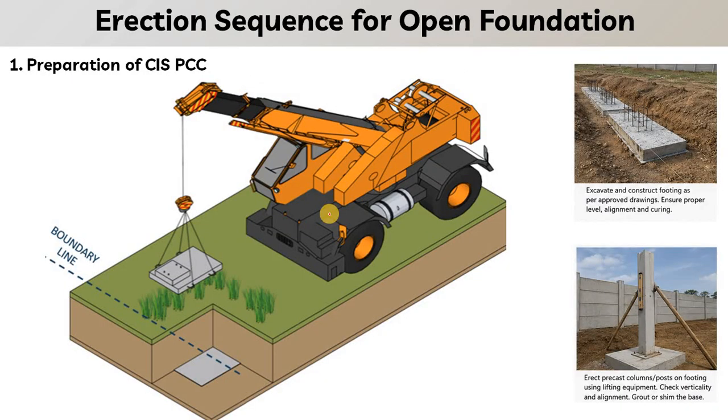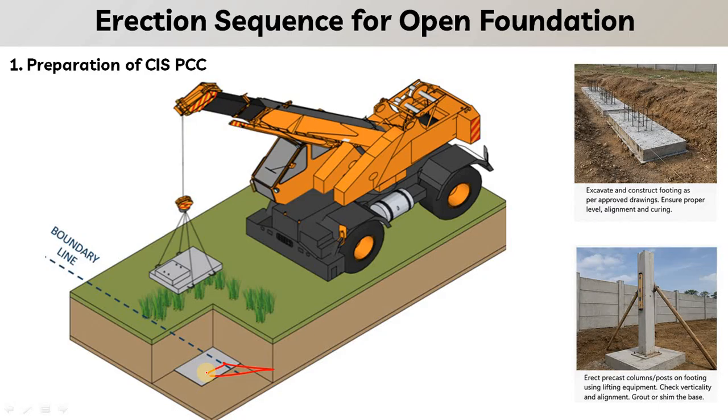Now let us see the erection sequence for the open foundation. In the previous slides we have seen the erection sequence for the pile foundation, and now we are moving on to the sequence for open foundation. Basically here in the open foundation, PCC is required at the bottom.